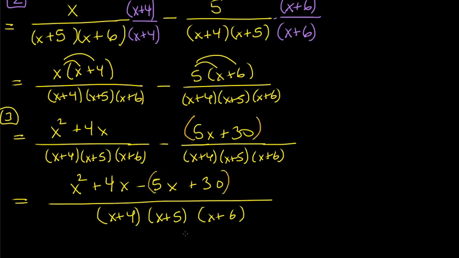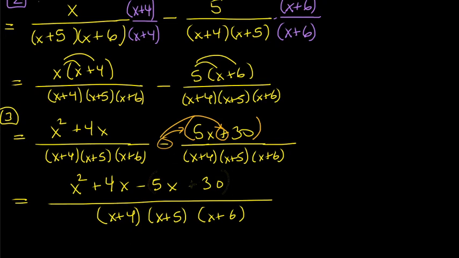So either leave the parentheses around the 5x plus 30, or distribute the negative. You get negative 5x, and then a negative times a positive makes it a negative 30. So get rid of the parentheses, but change the plus to a minus.